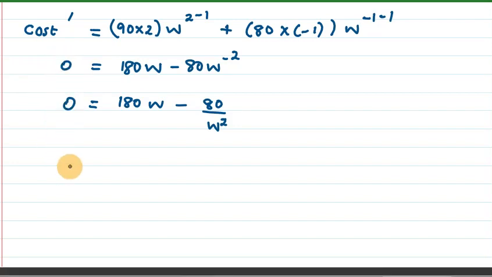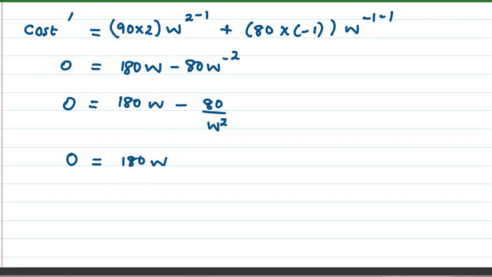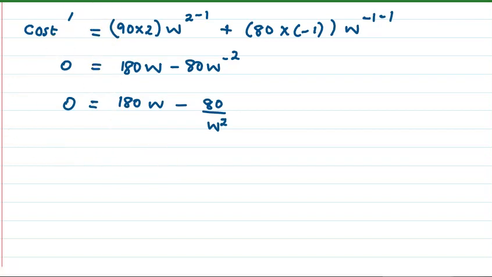It's 0 here, it's 0 here. So you are left with 180 W minus 80 over W squared.